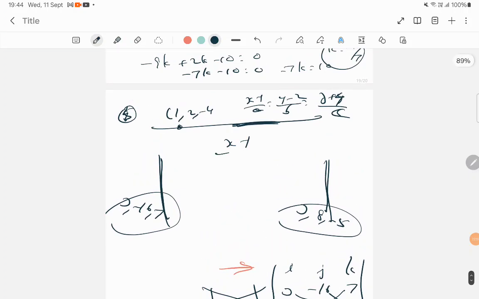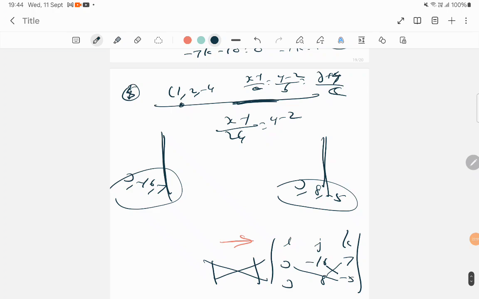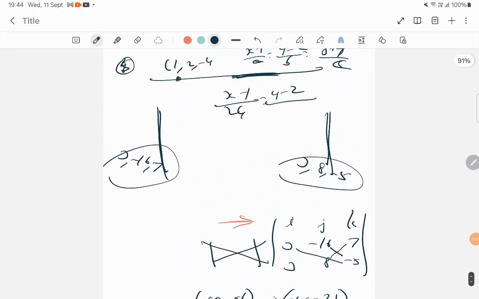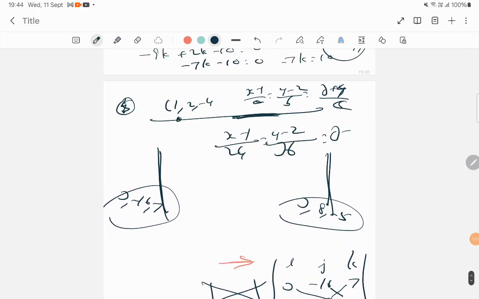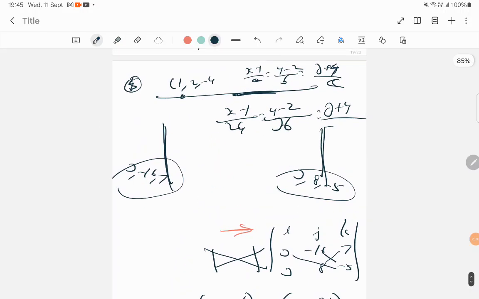So it's x minus 1 by a is 24 is equal to y minus 2 by what is your b? b is 36 is equal to z plus 4 by c. What is c? c is 72. This is one answer. The next answer can be x minus 1 by, you can cancel this whole thing with the 12 table, right? 12 2s are 24, 12 3s are 36 and 12 6s are 72.